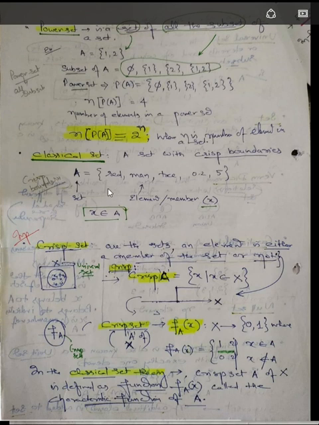Classical set. A classical set is defined as follows. Suppose A is defined as having red, man, tree, 0.5, 5. So these are colors. This is human. This is trees. This is a numerical decimal number, and this is a round number 5.